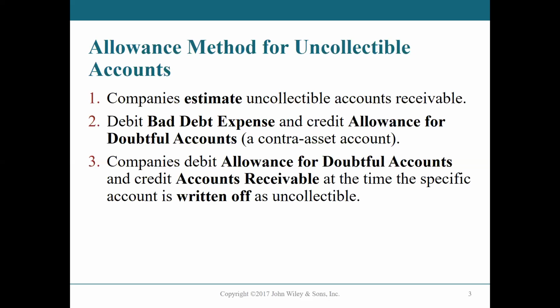Is that why they don't get closed? Correct. Only revenues, expenses, and dividends get closed, and income summary. So the allowance for doubtful accounts doesn't get closed, and accounts receivable doesn't get closed. Those are asset accounts. Right.